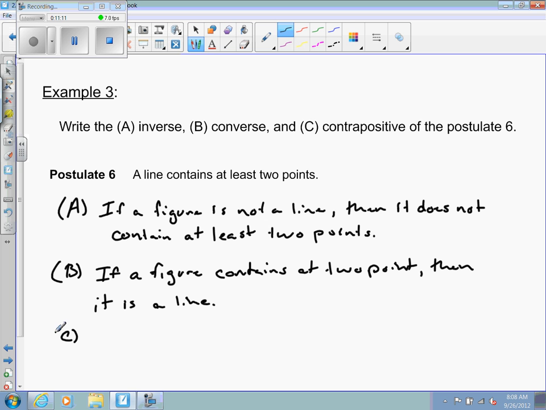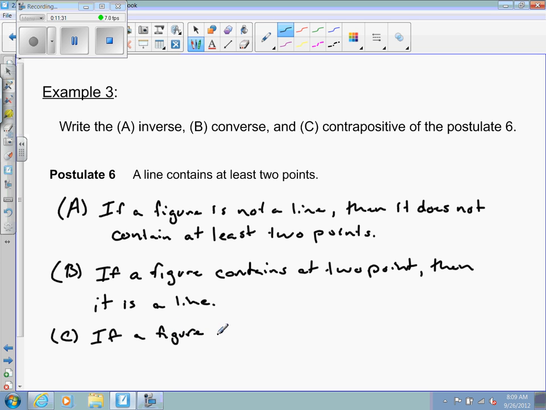And now C, the contrapositive, is where we do both the converse and the inverse. So the converse, we flip the order. Inverse, we negate the statement. So it's going to start off the same as in B. If a figure, but now we have to negate it.